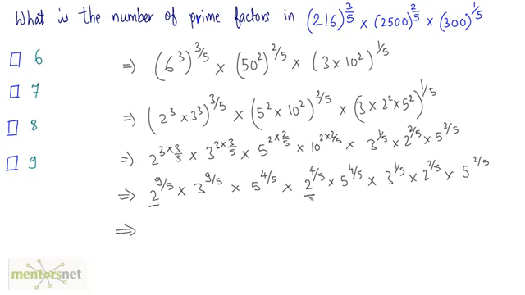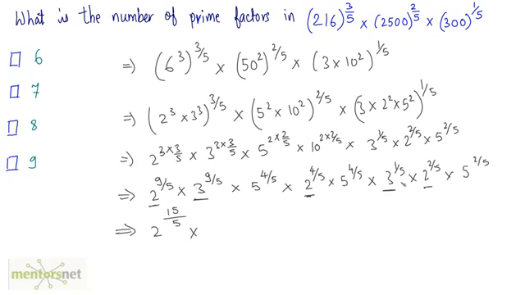So I have the 2 common here, and all of these terms are multiplied with each other. So I can write 2 raised to 9 by 5 plus 4 by 5 plus 2 by 5. So by 5, 9 plus 4 plus 2. 9 plus 4 is 13, plus 2 is 15. So 2 raised to 15 by 5 times, let us take the 3's here.